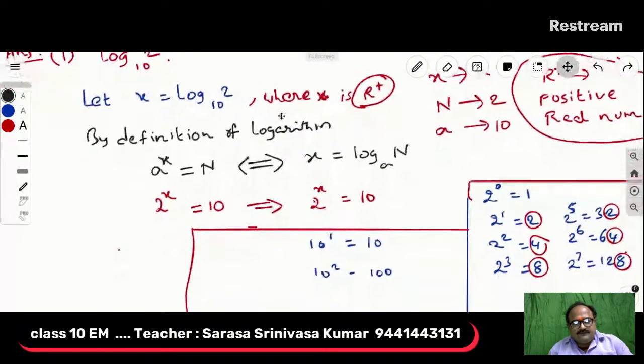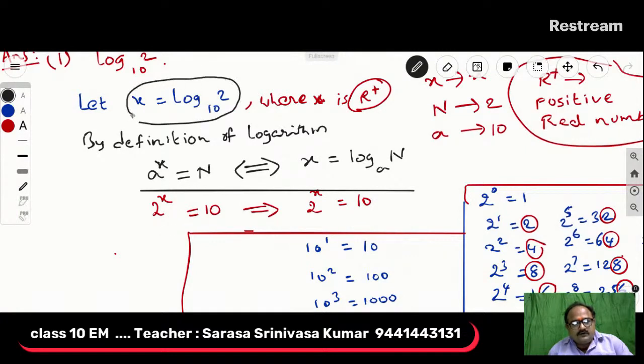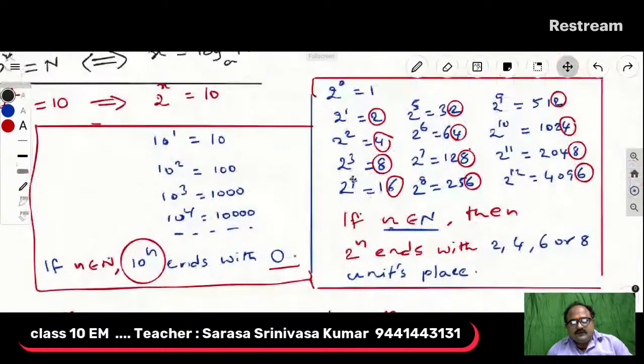So by the definition of logarithm, that is a power x equal to n implies and is implied by x equal to log n base a, we can write x equal to log 2 base 10 as 2 to the power of x equal to 10. Now let us check whether it is possible or not. Here we consider various examples: 2 to the power of 1, 2 square, 2 cube, 2 power 4, up to 2 to the power 12.